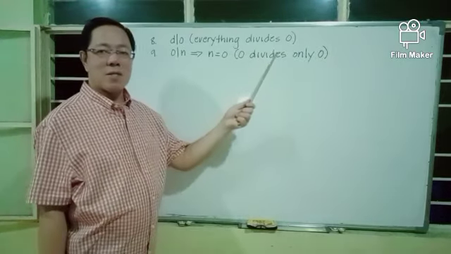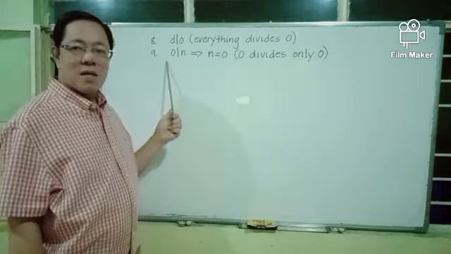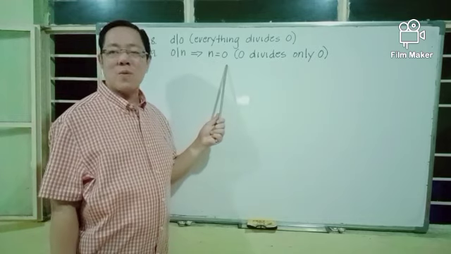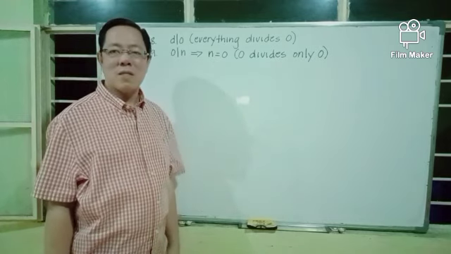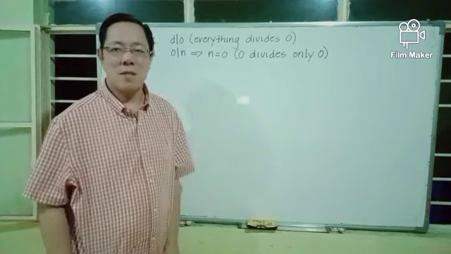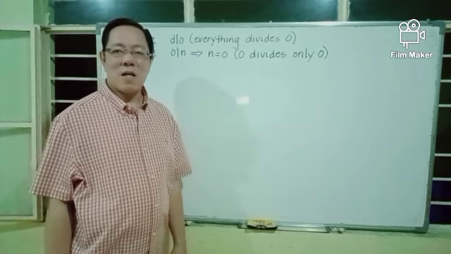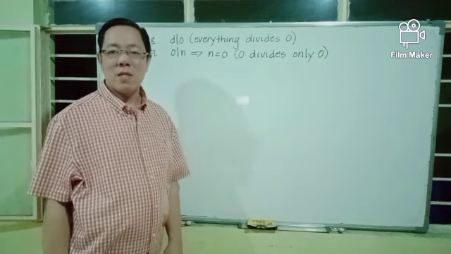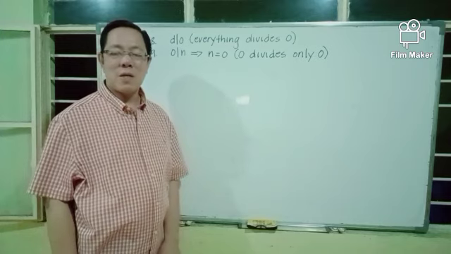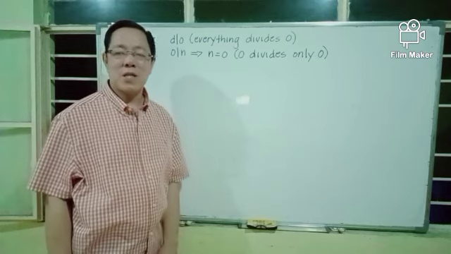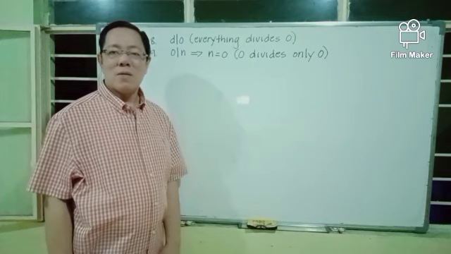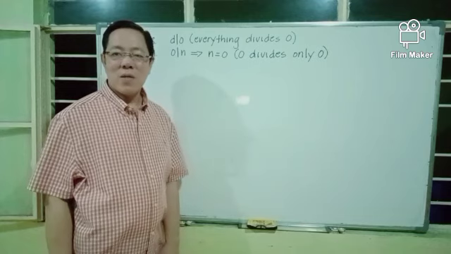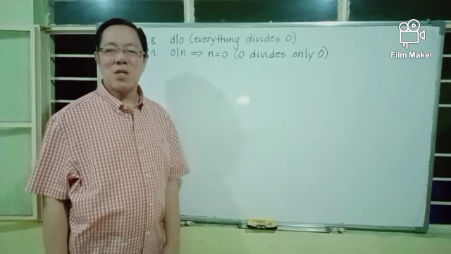The 9th property says if 0 divides n, this implies that n equals 0, which means that 0 is the only integer that divides 0, or 0 divides itself, although 0 over 0 is indeterminate. 0 over 0 is an example of indeterminate form, but we will show now that 0 divides 0, except that the value of 0 over 0 is indeterminate.